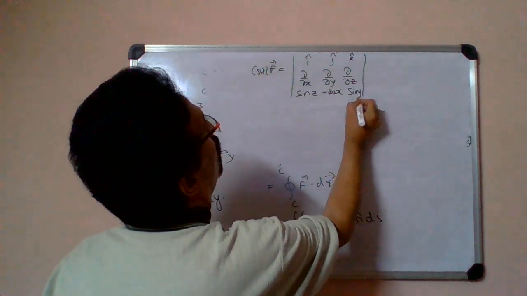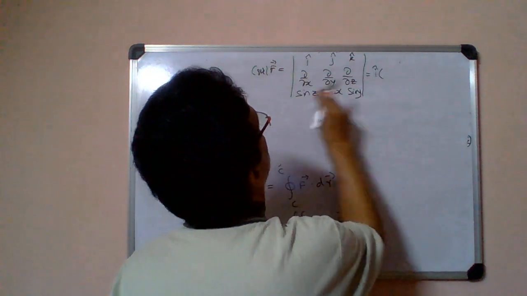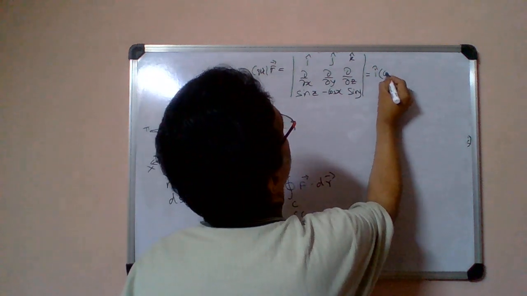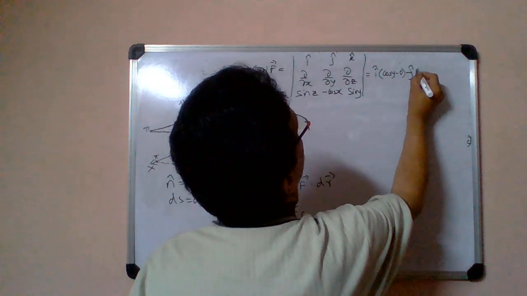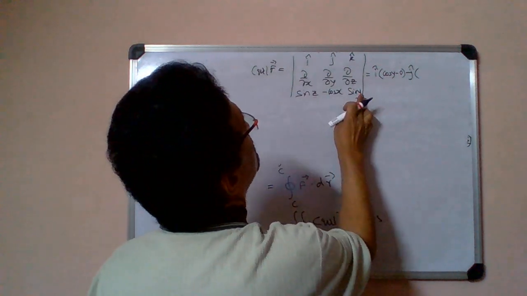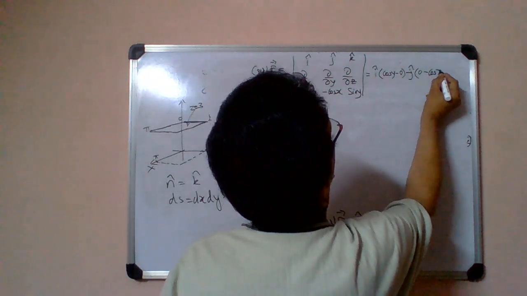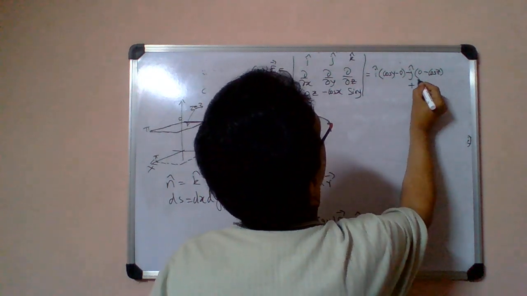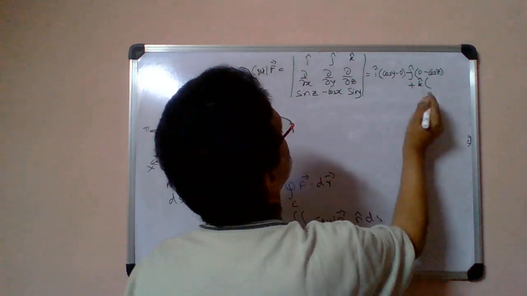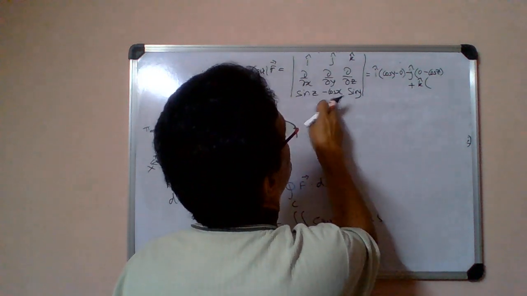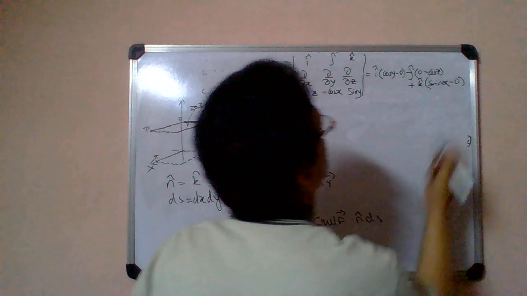So this will be equal to i cap times dou by dou y of sin y is cos y, dou by dou z of cos x is 0, minus j cap times dou by dou x of sin y is 0, minus dou by dou z of sin z is cos z, plus k cap times dou by dou x of minus cos x is sin x. Dou by dou y of sin z is 0.